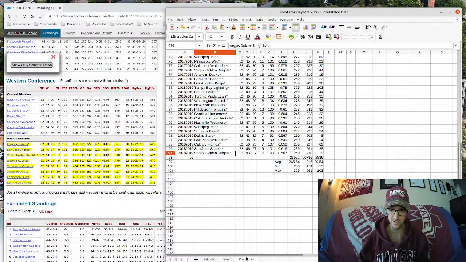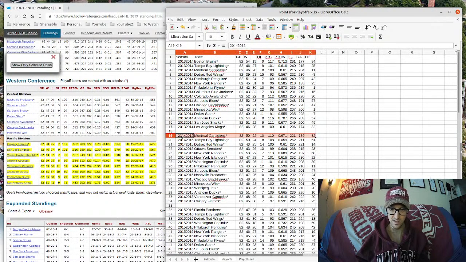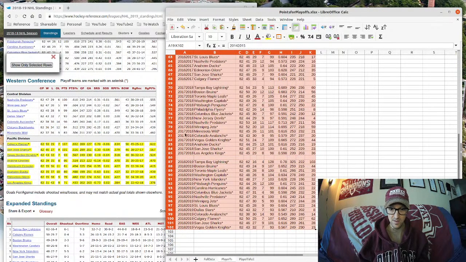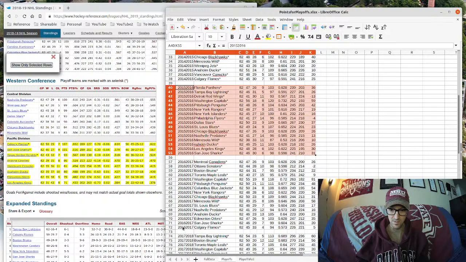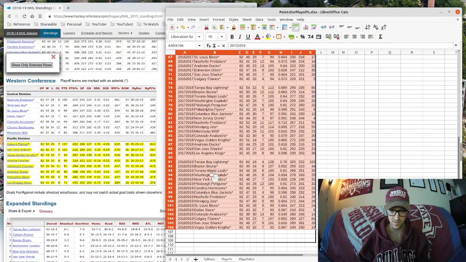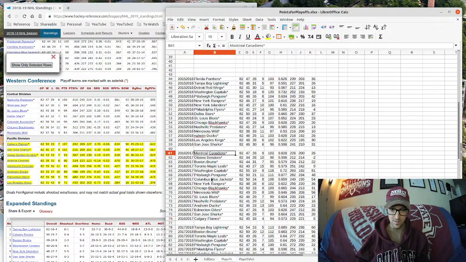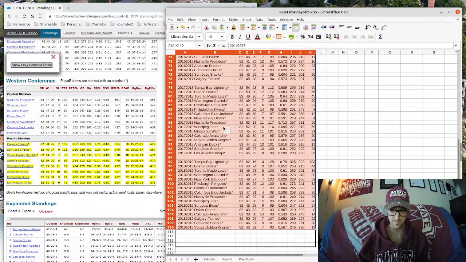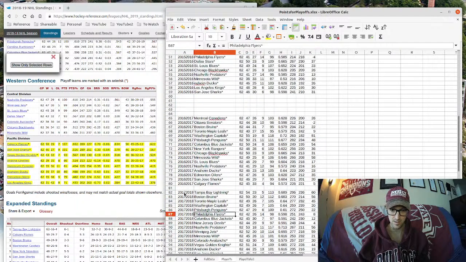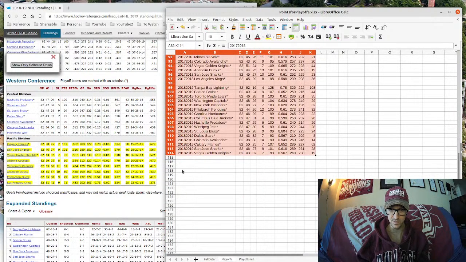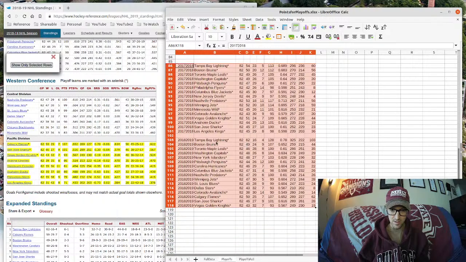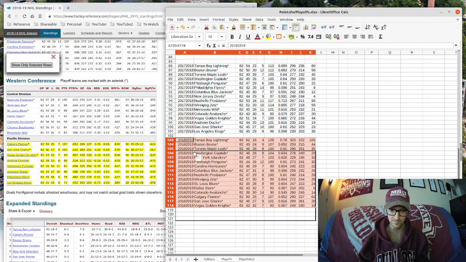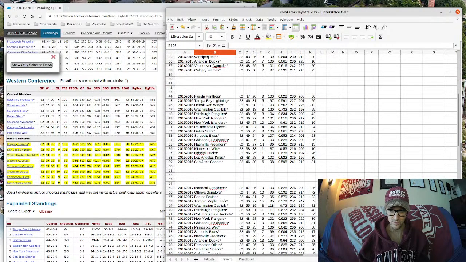How many cells? So 4 spaces, 5 spaces. Oops. Cool.